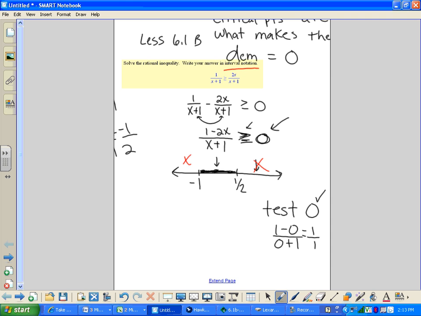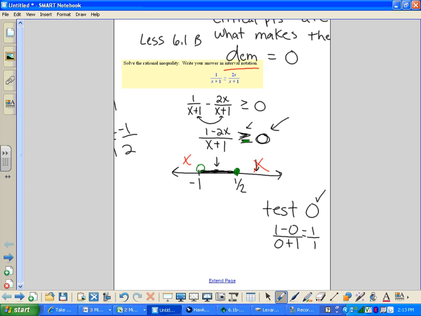The equal to means I would include my endpoints. But I cannot include negative 1 because negative 1 makes it undefined. Any x value here that makes it undefined, I cannot include. So at negative 1, that one's going to be open. But at 1/2, because it's equal to, this one would be closed.